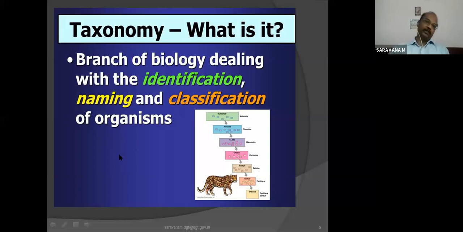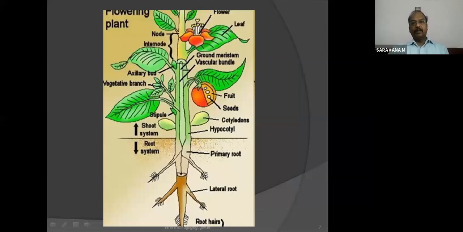And in education, similarly, human growth has been considered for the taxonomy of educational objectives. You see here plant taxonomy, lateral root, root hairs or primary root, how this plant has been classified. Plant taxonomy, fruit, seed, leaf, flower, node, and buds and all, you can see. So this is called plant taxonomy.